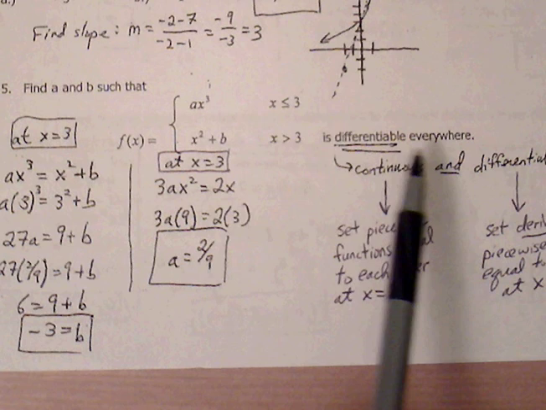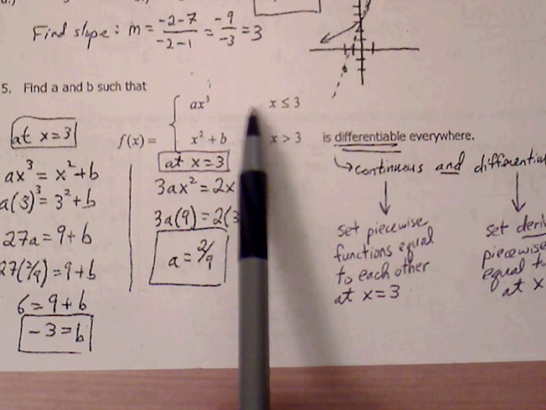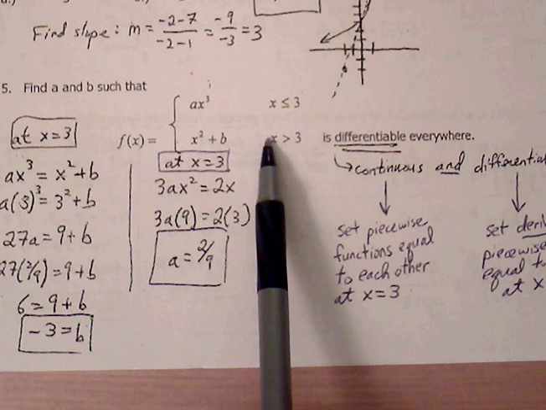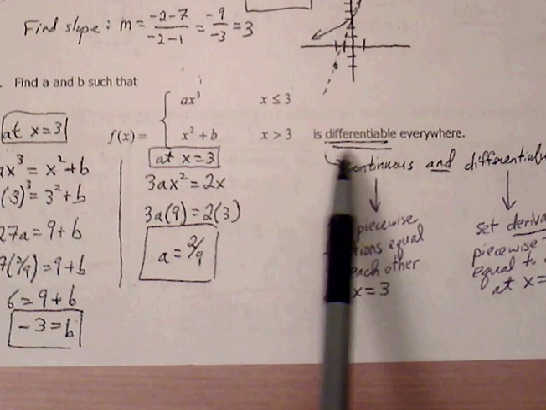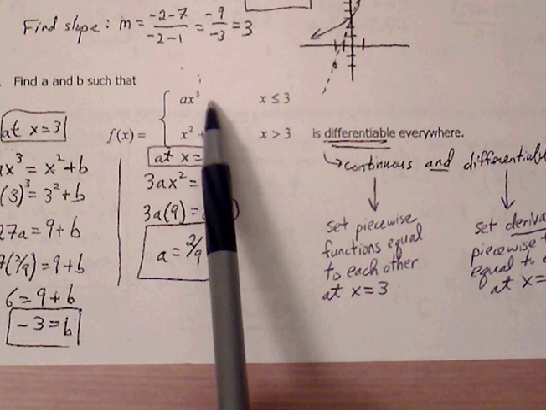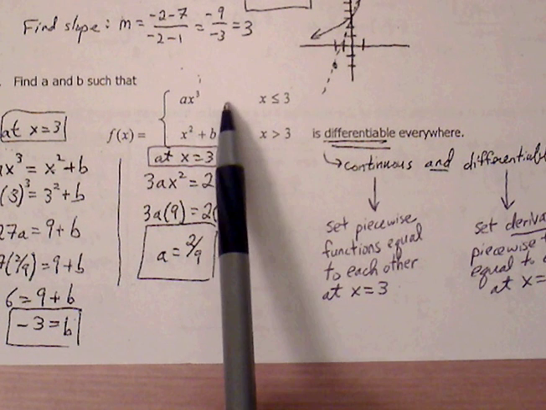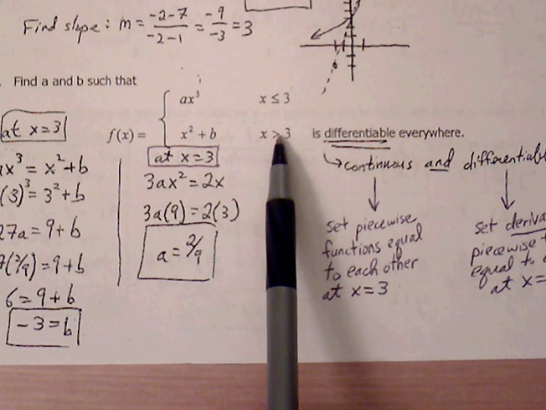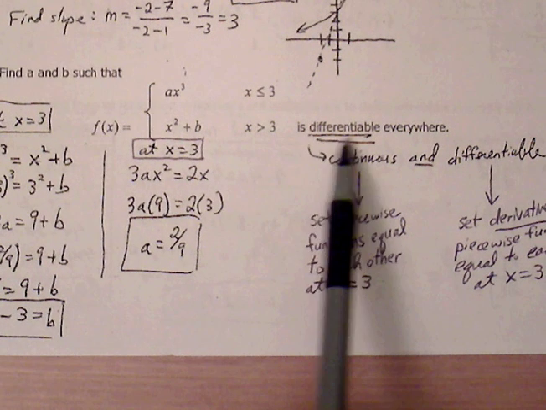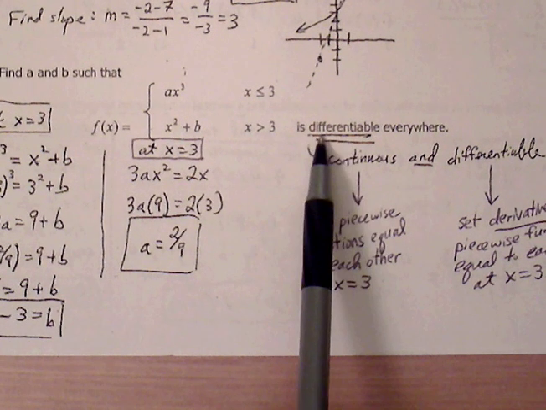So now we have 2 branches of the graph, or 2 portions, piecewise functions, and they say that it's differentiable. So what that means is that these 2 branches are going to connect at x equals 3. So if they connect at x equals 3, then this word differentiable means that it's a smooth curve.